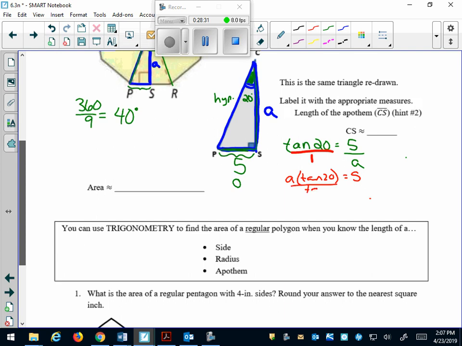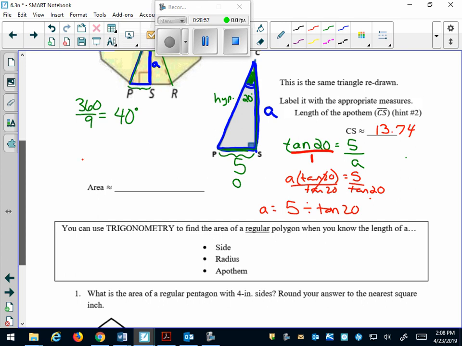We have to end up dividing by tan 20 on both sides. So on your calculator, you're doing the apothem equals 5 divided by tan 20. What does that come out to? 13.74. So that's the apothem.